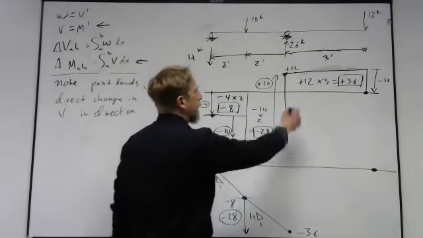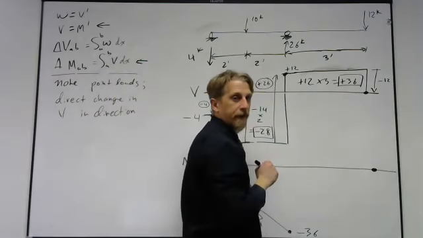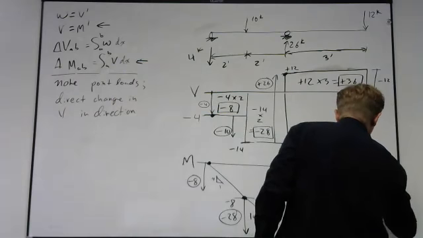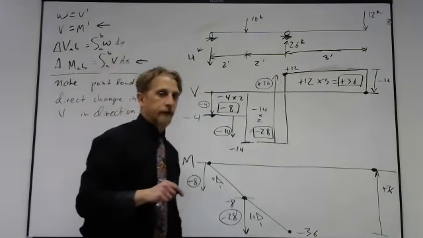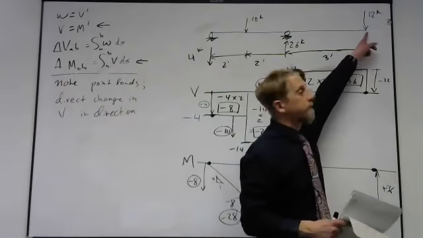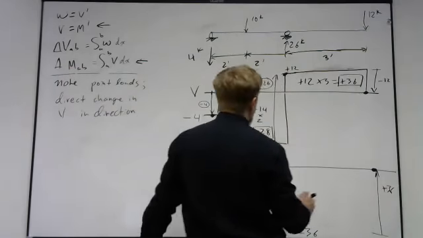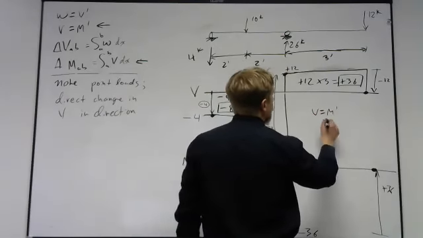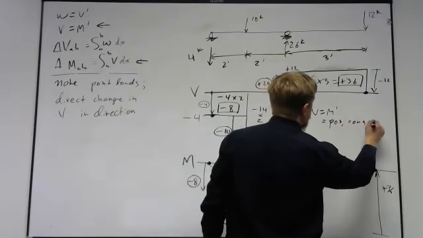Okay. Now from here to here, my change in M is going to be my area of V, which I already computed, which is positive 36. It was up by 36. I have to close my diagram, which is great. I don't see any moment here. I shouldn't have any moment there. How do I connect them? Well, V is the slope of M. It's positive and constant.